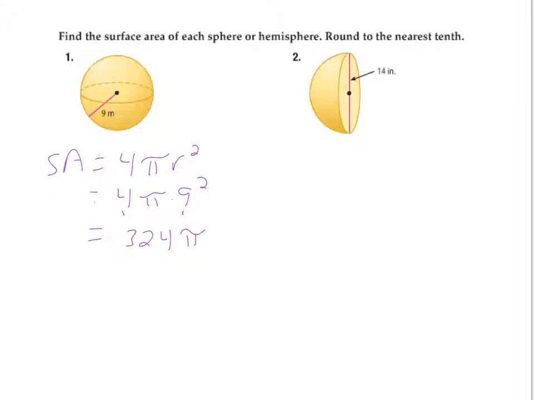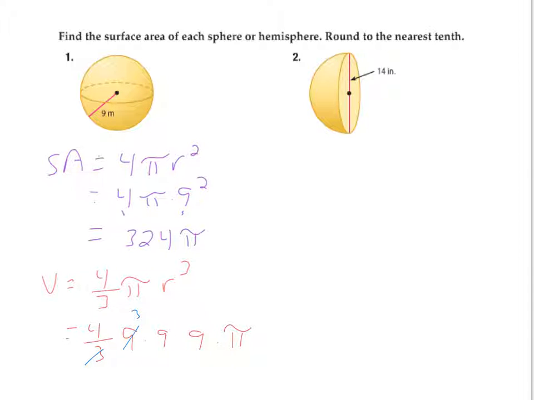My volume is going to equal 4/3 pi r cubed. In this case, our r again is 9. So what I have here is 4/3 times my radius cubed, 9 times 9 times 9 times pi. What I'm going to do here is switch colors, so you can see I'm going to cancel a 3 with a 9 and get 3.